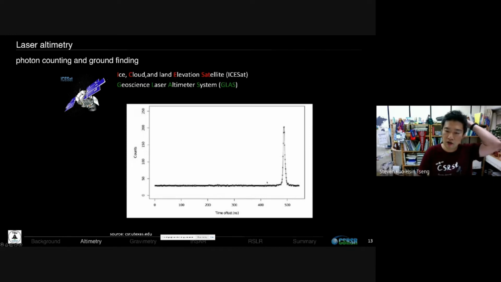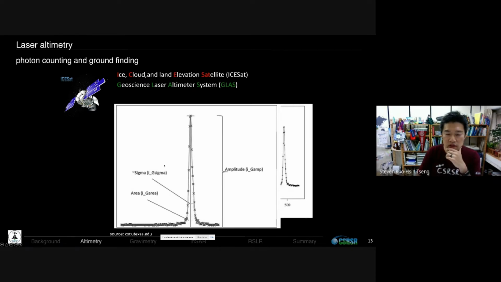So we can count and get the peak of that, calculate the time elapsed and multiply by the speed of light, then we can get the two-way distance and divide by 2, then we get the distance. So the idea is pretty much similar, but we use a different kind of proxy.